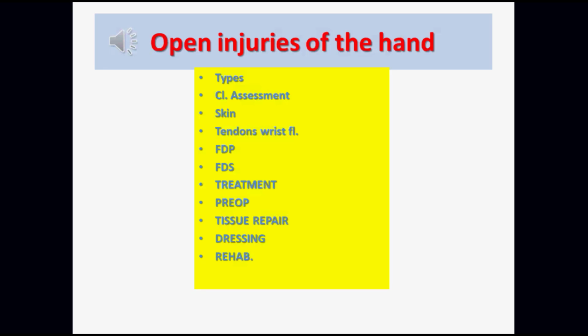We will see if we can repair the tendons, the intrinsic muscles of the hand, nerves, and circulation. There are many surgical details in your book. They are not so important for you. Pre-operative care is important to know, and the rest is just for general knowledge.